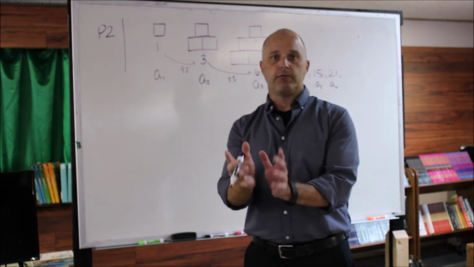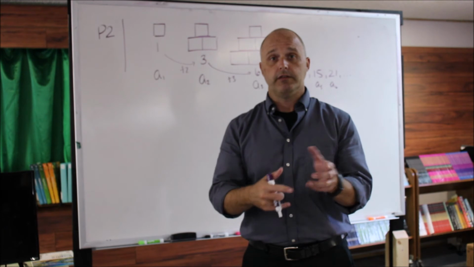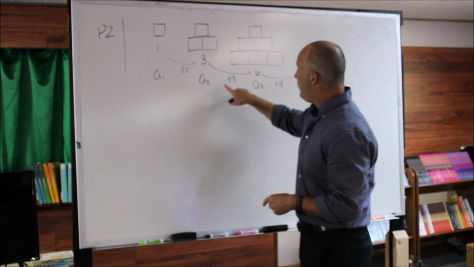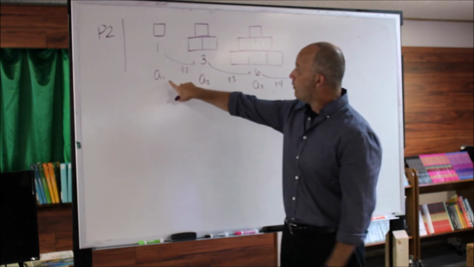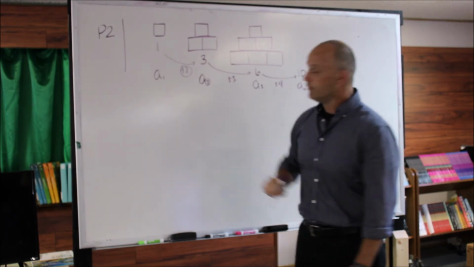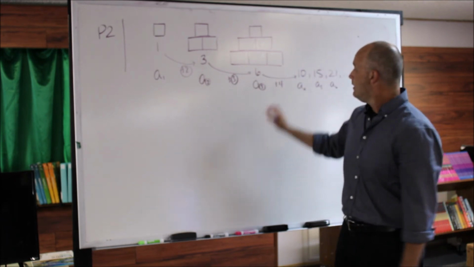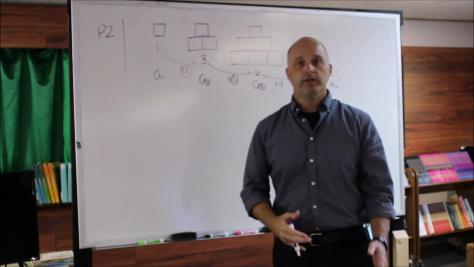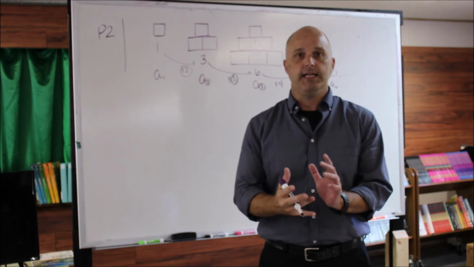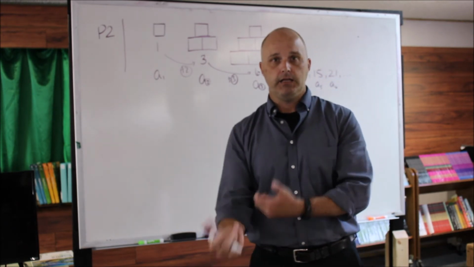Every time that we move from one term to the next, we're actually increasing the number of blocks by the next term. So going from a sub 1 to a sub 2, this 2 and this 2 are the same. This 3 and this 3 are the same, and on down the line. So what we know is that we're taking whatever we had previously and adding n to it.